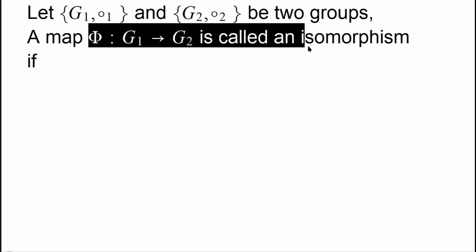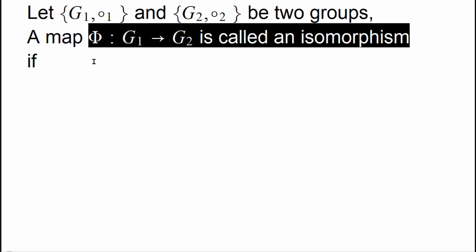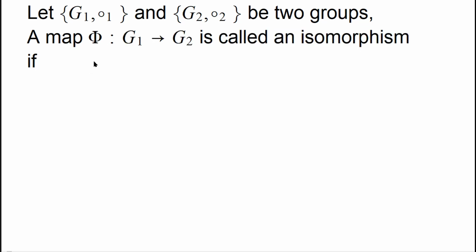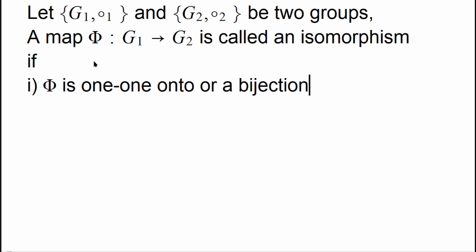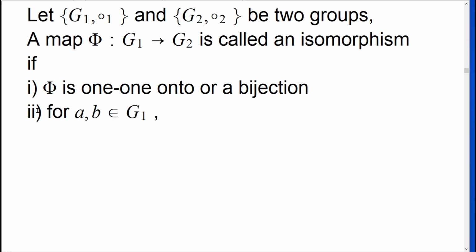now, a map phi from G1 to G2 is called an isomorphism if we need two conditions here. One is that phi is 1-1 onto, or is a bijection. And the second condition is that if we take two elements, A and B in G1, then their product, or the value when we combine them via the binary operation in G1, will be in G1.